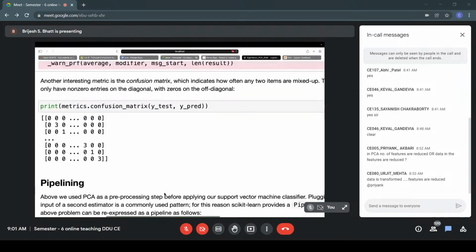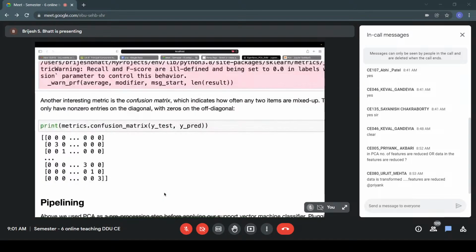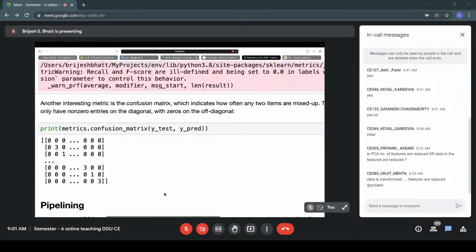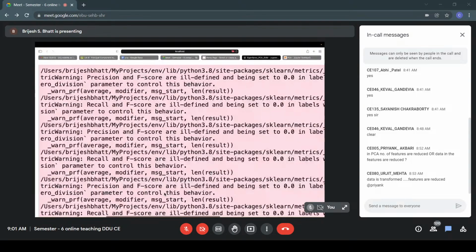Another, last part that we learn here today is to pipeline the machine learning models. So here we have said that first we apply PCA on data and create reduced dimension data, and then we use that new data, the PCA output data, to train the naive-Bayes classifier. So there is a pipelining. So far we have done it through separate instructions, but you can club them into a single instruction in a pipeline like this.